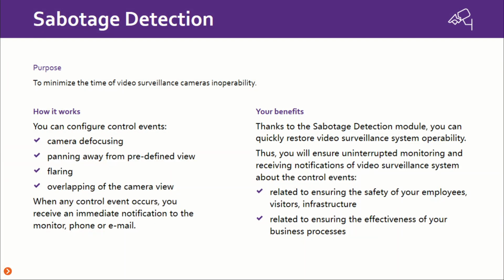It could be flashing a high luminosity beam into the camera. If there is any overlapping of camera view, you will be notified about it. If the camera lens has been covered, you will also be notified about it. If the cable has been disconnected, you will get notification about it as sabotage.